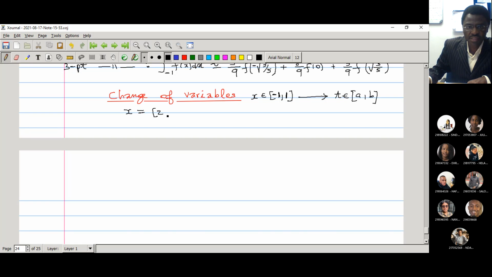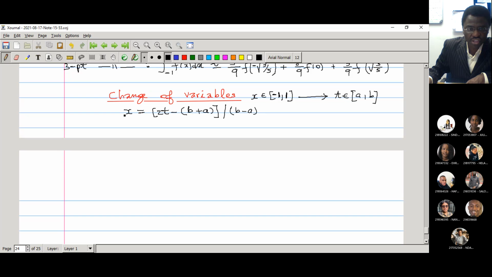So this will be x equals 2t minus b plus a, divided by b minus a, like this. You can check for yourself that if t is a, x will be negative 1. If t is b, it will give you 1. So this is our change of variable.